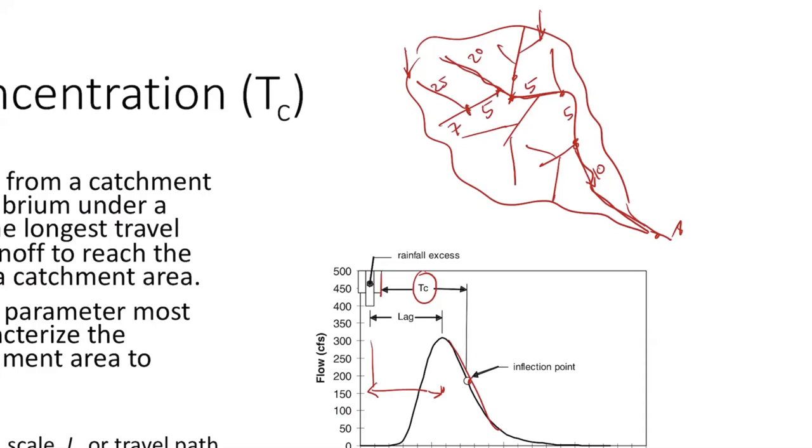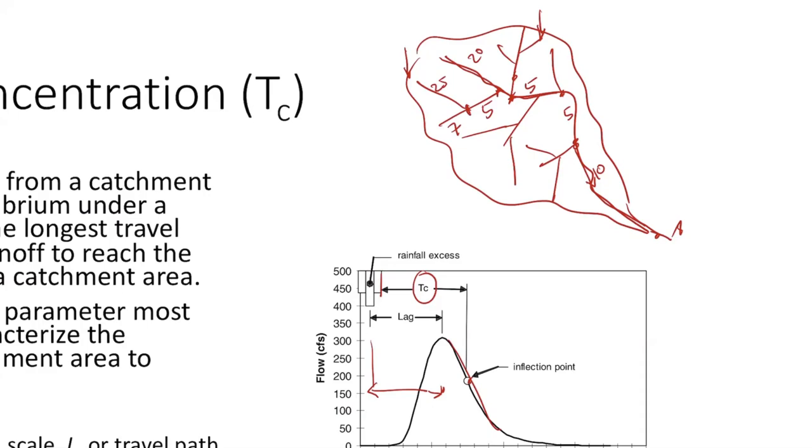If I ask what the time of concentration is, you're basically asking what's the longest time the water will take to move from one location to the outlet. It means that every raindrop that falls, you will not see it there, but it's all within the system, and it takes that much time to leave the system. So the time of concentration will be the longest time.